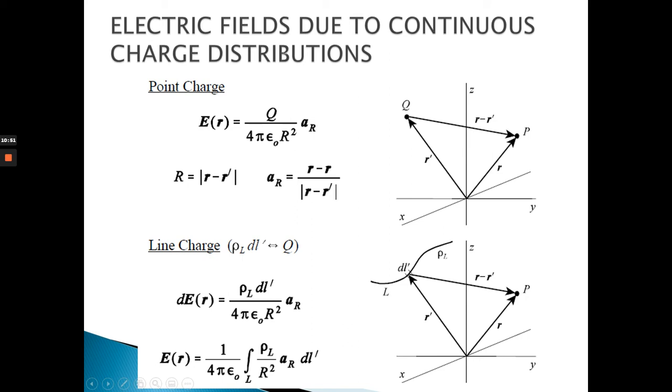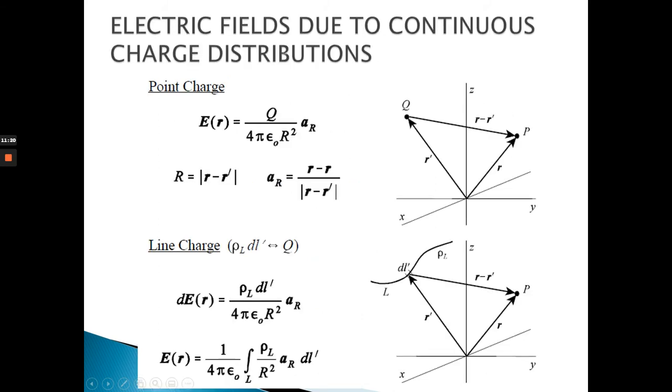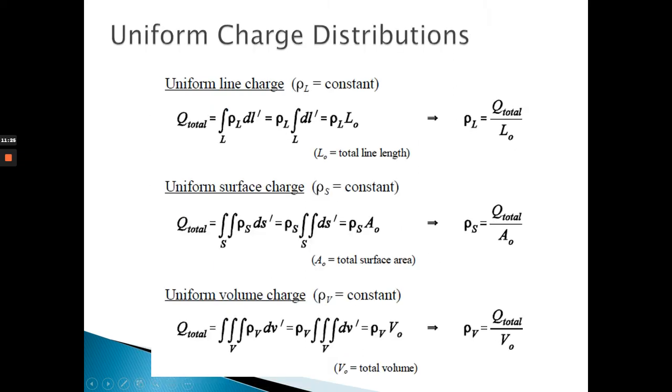Now for the line charge, this Q is replaced by rho L dl, because we know the Q of the total line is rho L. From the differential distances we learned in our previous lectures, this is supposed to be dl. So we add the differential length, and Q is replaced with rho L dl.